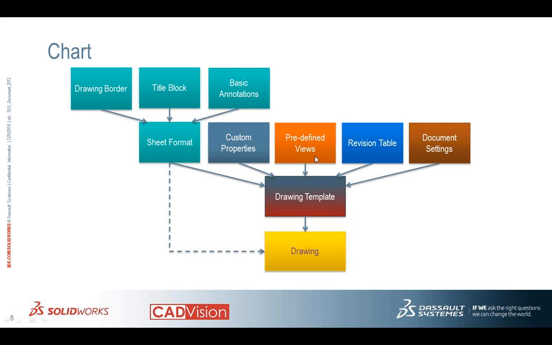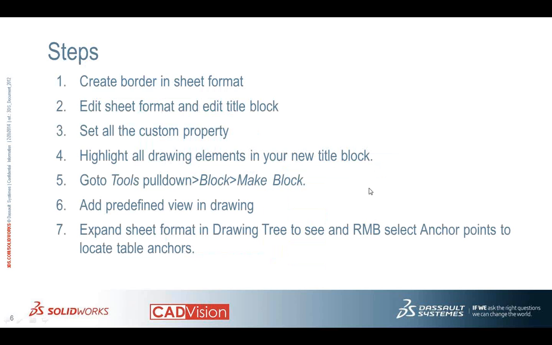You also can set predefined views in your drawing templates. Revision tables, and document settings like units, font size, and so on, can all be set in the drawing templates. After setting the drawing template, you can import your drawing view.